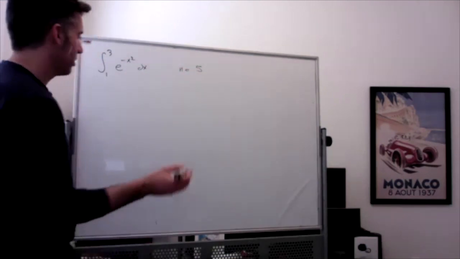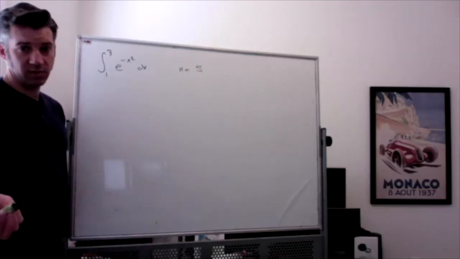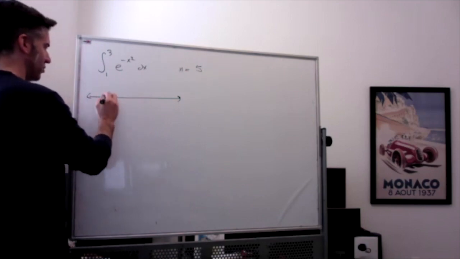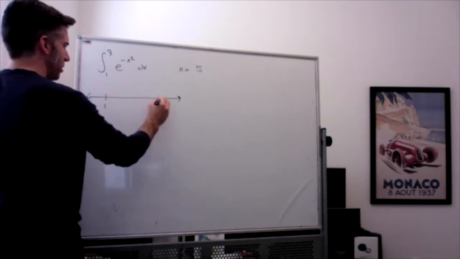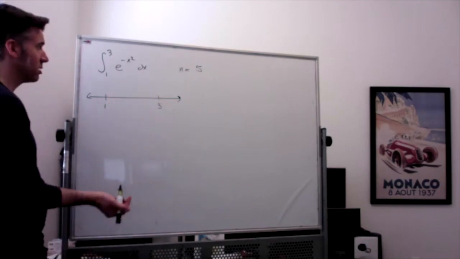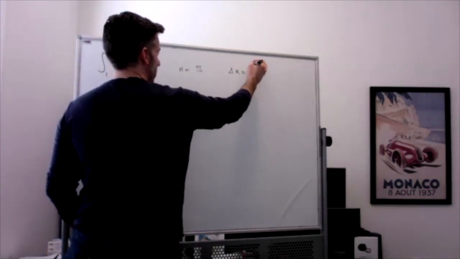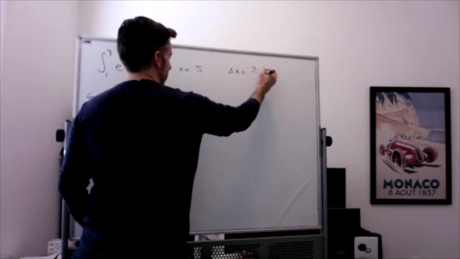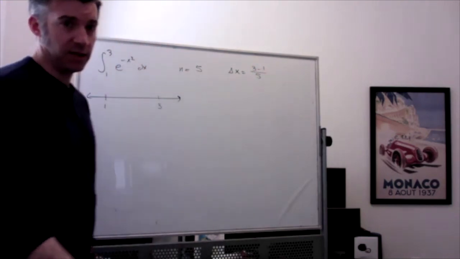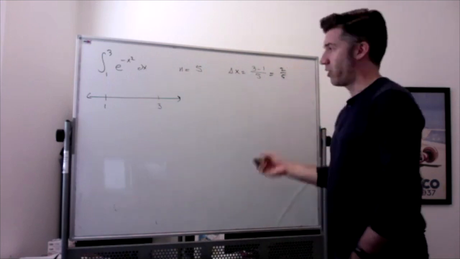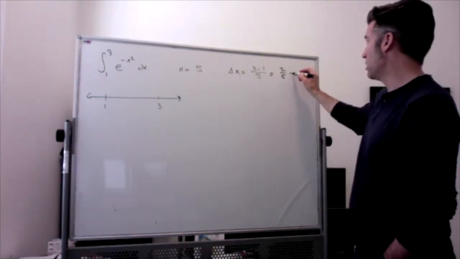It's not terrible. If I'm doing trapezoid or Simpson's rule, typically to figure out what my points are, I like to just draw a little interval. So from 1 to 3, I'm breaking it up into 5 subsections. My length of each subsection is going to be b minus a divided by n: 3 minus 1 over 5, which is 2/5, or if you prefer a decimal, 0.4.